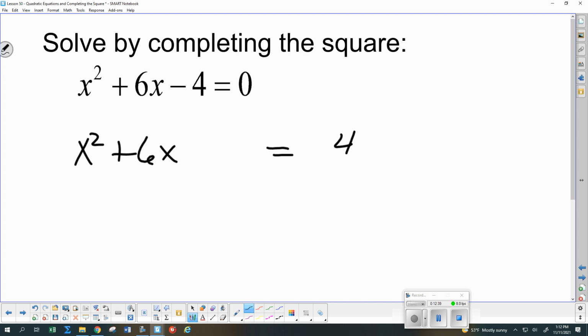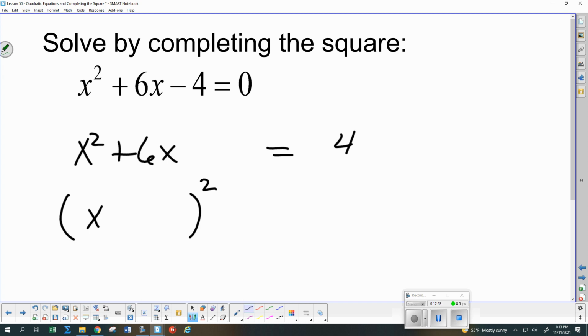Okay, then what we want to do is we want to get this side so it is that parentheses squared, and then we'll worry about the 4 in a little bit. So now we're doing, right, with this part what we just did. X squared plus 6x, we want 2 parentheses that start with 1x.